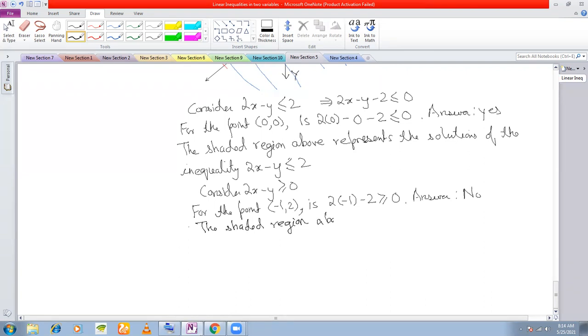The shaded region above represents the solutions of the inequality 2x minus y greater than or equal to 0. Let's write here red, and this has been shaded in blue.